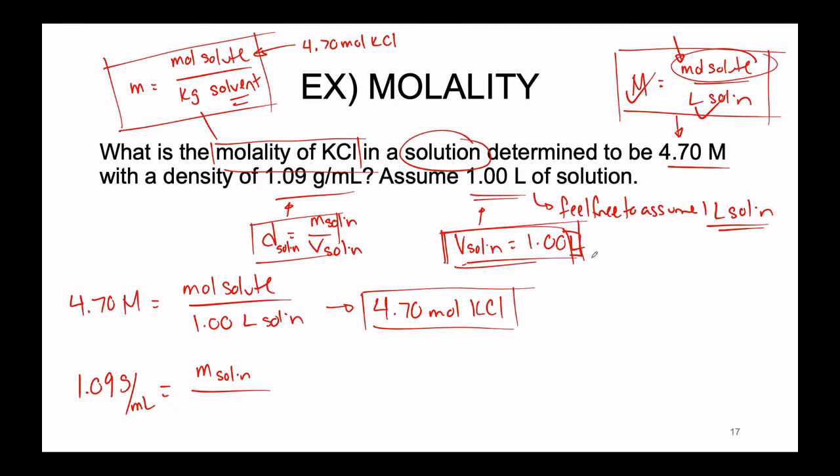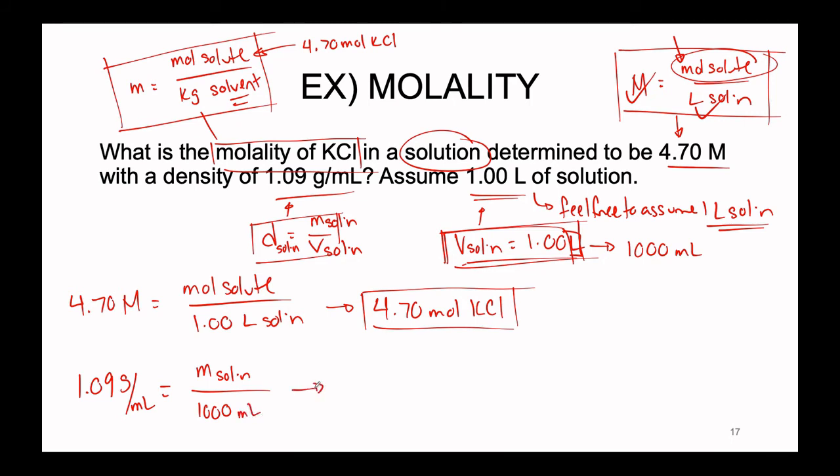We've used it once already. We just need to make sure that our units are all working together. Density is given in grams per milliliter, so I'm going to convert our volume of solution into milliliters as well. 1 liter is equal to 1,000 milliliters. It's a pretty straightforward conversion. We can insert that into the denominator down below, 1,000 milliliters.